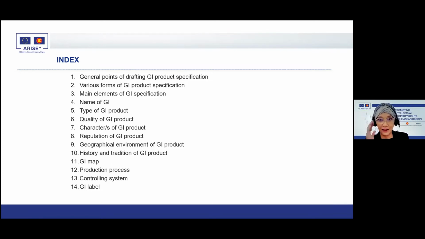Maybe this is the heaviest part of the sessions in these 2 weeks. So we will be going through the general points of drafting GI specifications, various forms, main elements of GI, the name of GI, type or classification, how to draft the quality, how to draft the characters of the GI product, how to draft the reputation of the GI, and how also to draft the geographical environment of a GI, including natural and or human factors, and how to draft the history and tradition that has a correlation with GI, how to draft the GI map and how to express it, how to draft the production process, how to draft the controlling mechanism system, and how to draw a GI label.